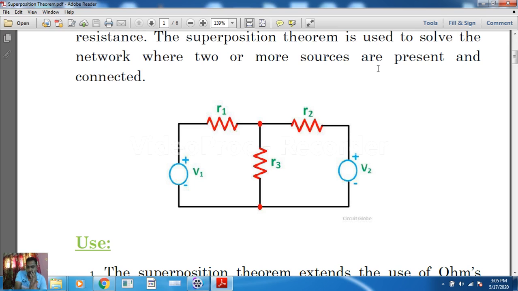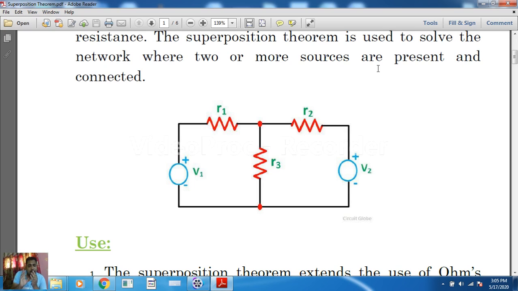Once we consider V1, we remove V2, and find out how much current flows through R1, R2 and R3, and how much voltage appears across those resistances. In the same way we consider V2 and find the current and voltage in each branch, and at the end we sum up. When we sum up, we find that when both sources are present, as we can see in the picture, the current and voltage through the branch is the same as when we consider single sources.